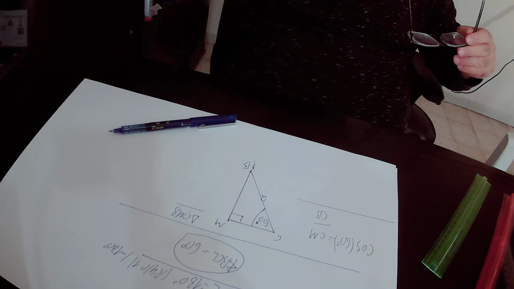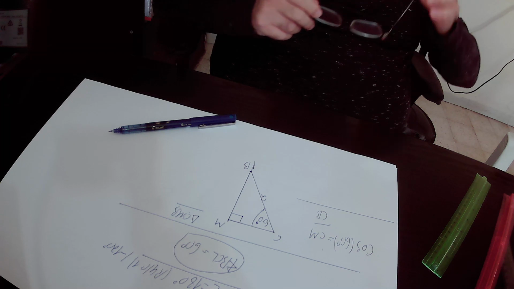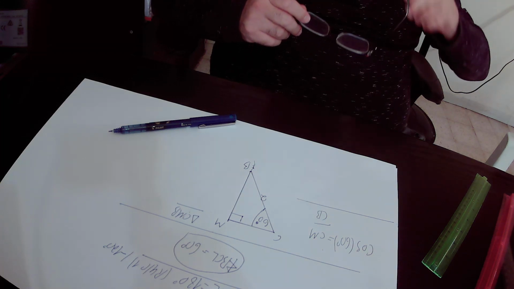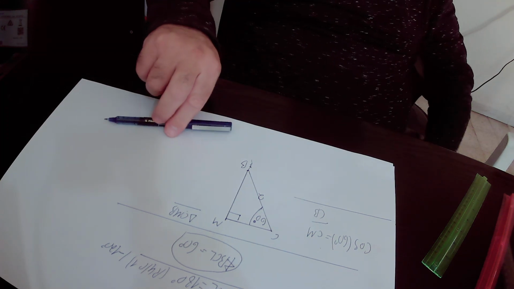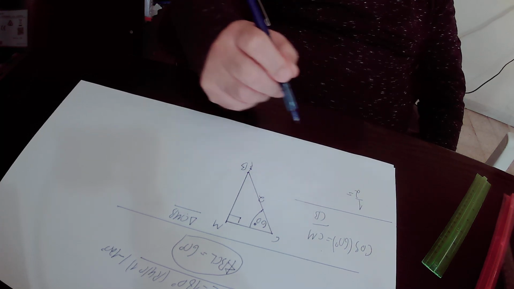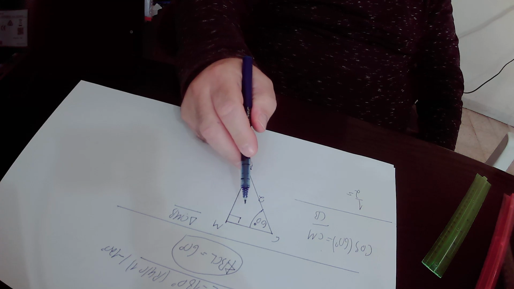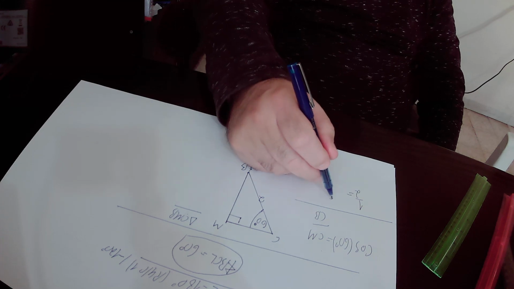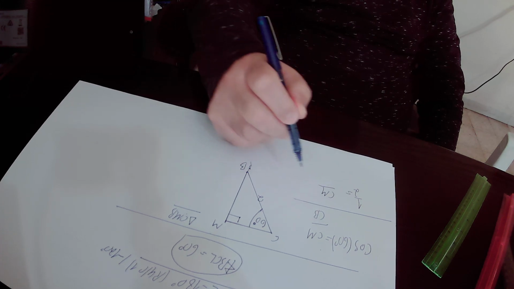Cosine 60 degrees equals 1/2, so we substitute cosine 60 degrees by 1/2, and it is equal to CM, the missing side, so we leave it as it is, over CB.